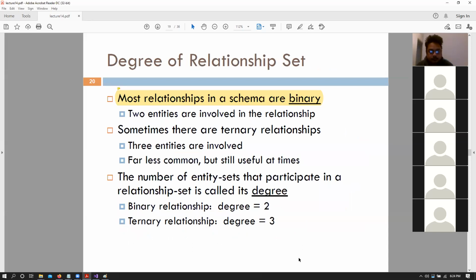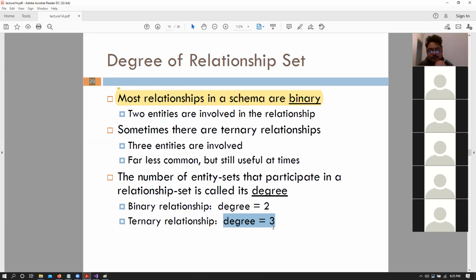Before we look into an actual diagram, most relationships in a schema are binary. By most, I mean about 99% of these relationships are going to be binary, which means they're always going to connect two entity sets, or two entities, right? There can be a possibility where you have a relationship set of degree 3, that is, connecting 3 entity sets together.